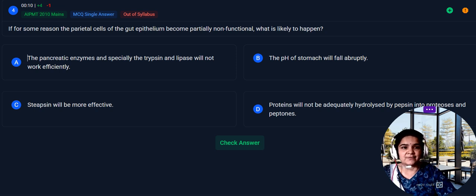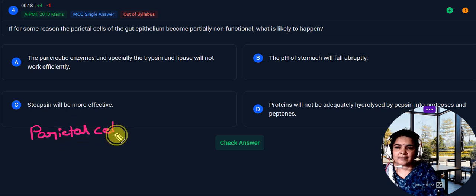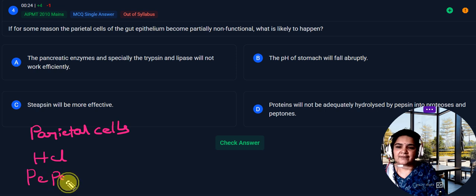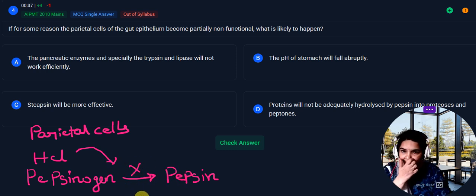So just now we have seen parietal cells, what they produce? They produce HCl. HCl is necessary for the conversion of pepsinogen into active pepsin. So if the HCl is not liberated, then this reaction will not be happening.